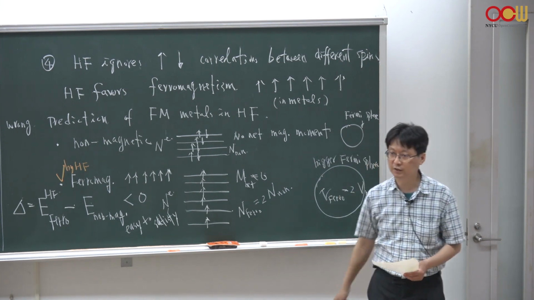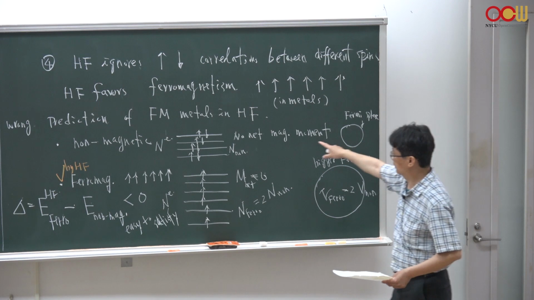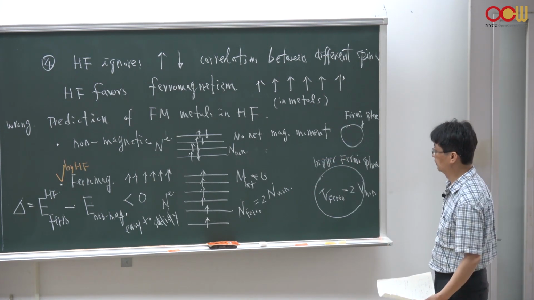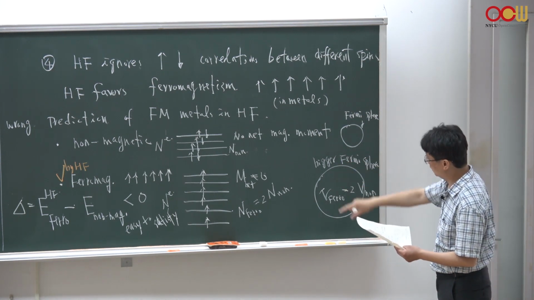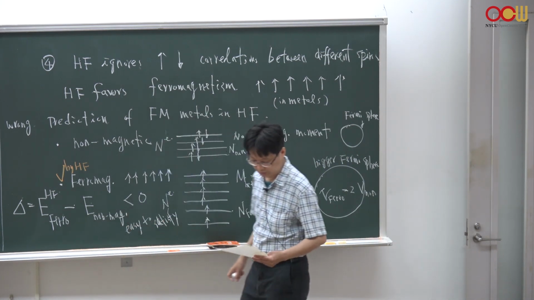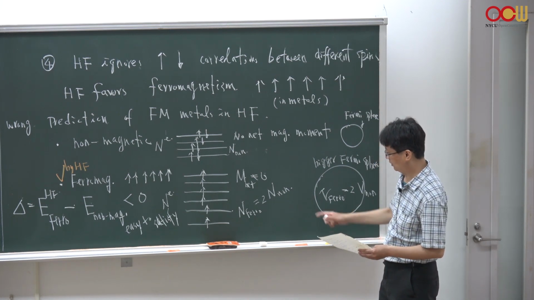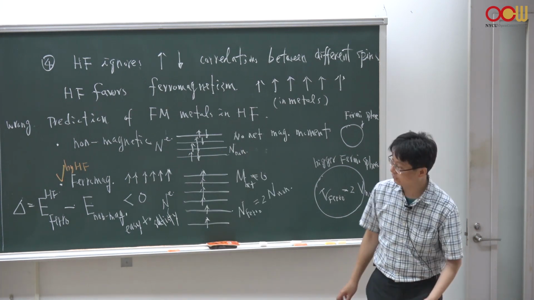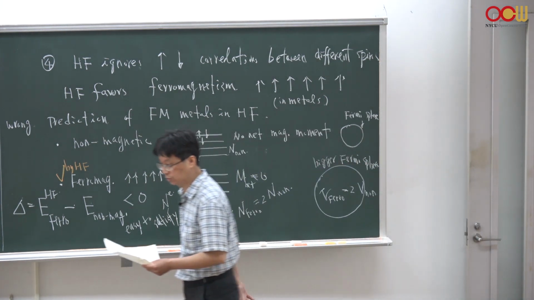If they don't have the spin-spin interactions in the systems, most likely they are non-magnetic, but the Hartree-Fock incorrectly predicts that they are ferromagnetic. So after the short break, we will finish this calculation, and again, there will be another homework to actually convince yourself that indeed the Hartree-Fock theory fails, but we need to know why it fails. Okay, so let's take a short break.